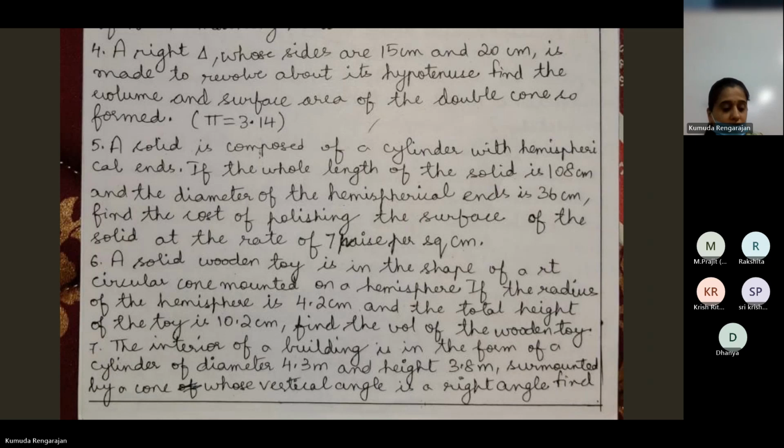Yeah, you can tell me. 712. What is this one? Okay, tell me the area to be polished. No, I mean my answer is different here.